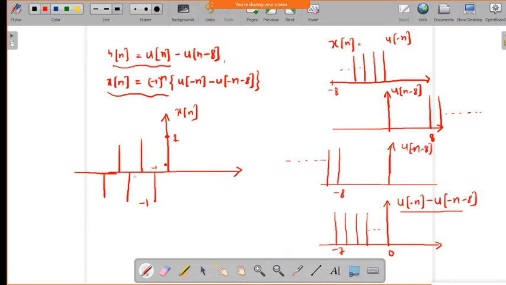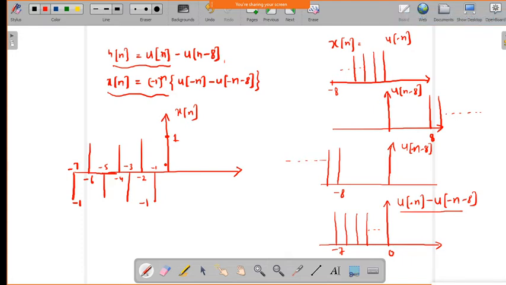So this is minus 1, minus 2, minus 3, and minus 4, this is minus 5, and at minus 6 you will have plus 1, and at minus 7 you will have the amplitude minus 1. So this is your x of n. The h of n you know already.